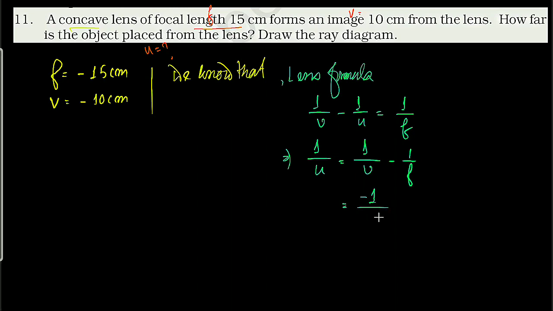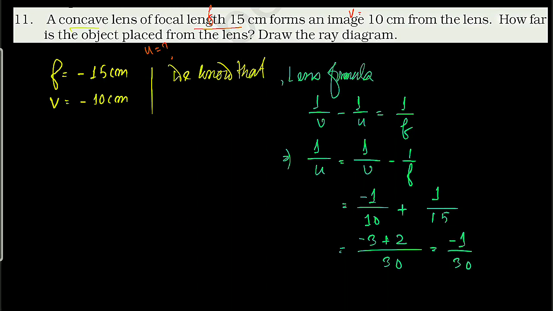Minus 1 by 10 minus, and since the focal length is negative, minus becomes plus, 1 by 15. What will be the LCM here? The LCM will be 30. So minus 3 plus 2, that means minus 1 by 30.